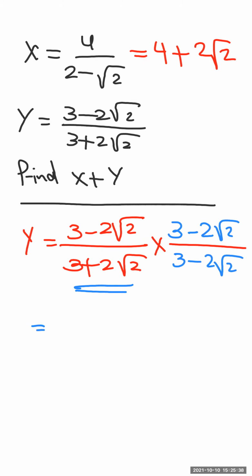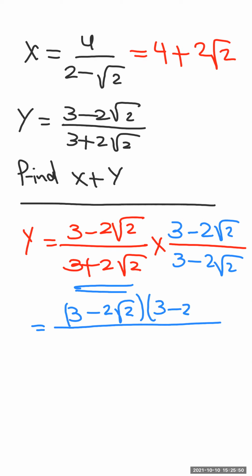Now the numerator will be 3 minus 2 square root of 2 times 3 minus 2 square root of 2. Over two conjugate numbers on the denominator, the first squared means 9, minus the second squared, 2 square root of 2 to the power 2.